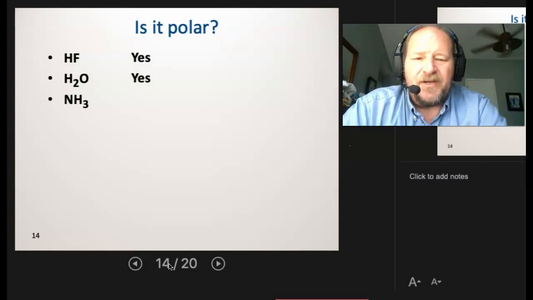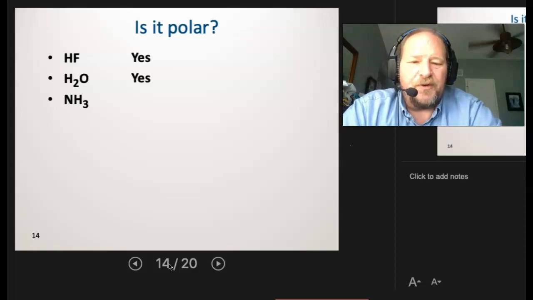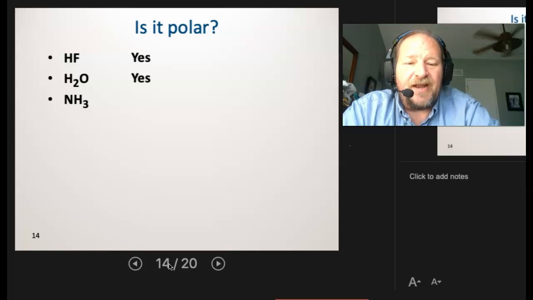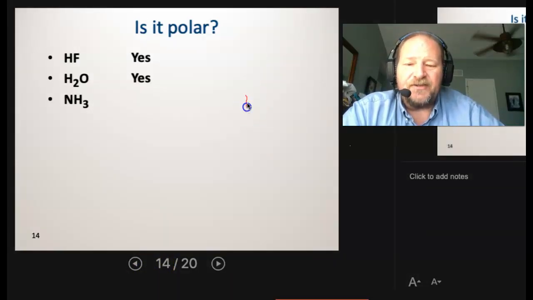How about ammonia, NH3? Well, if I look up ammonia, NH3, nitrogen is 3.0, hydrogen is 2.1, we have a difference of 0.9. And once again, if I draw that out, that was our trigonal pyramidal. So our trigonal pyramidal is going to put nitrogen at the top. We can have a hydrogen coming out at us, another hydrogen coming out at us, a hydrogen going back away from us, and the lone pair on top.